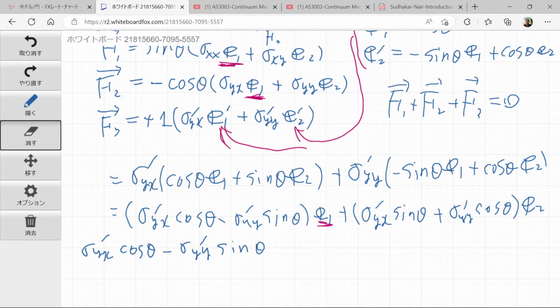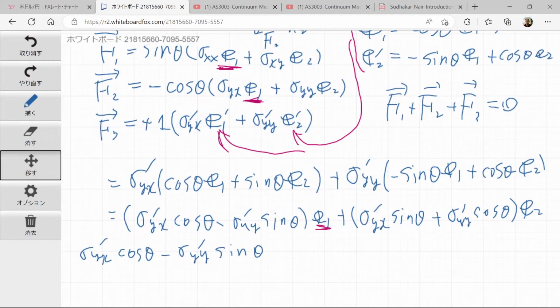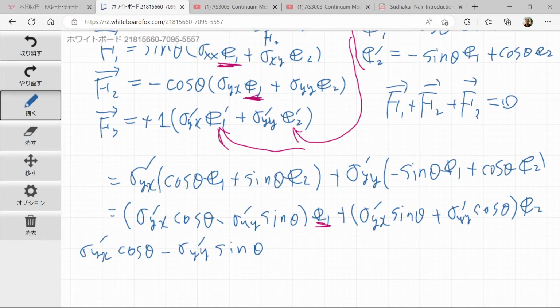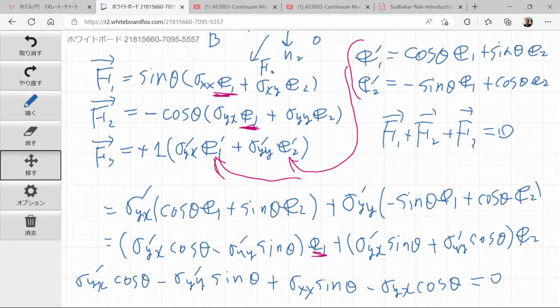Then we have sin theta sigma xx plus sigma xx sin theta minus sigma yx cosine theta equals 0. Okay. That's from the E1 part.